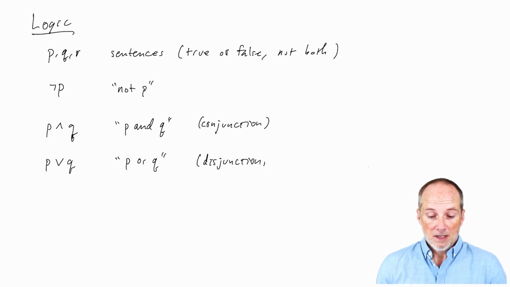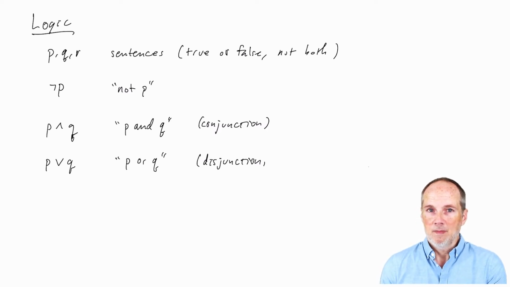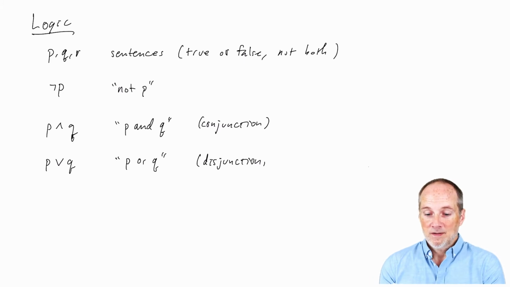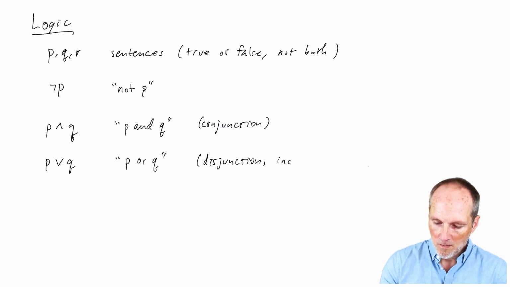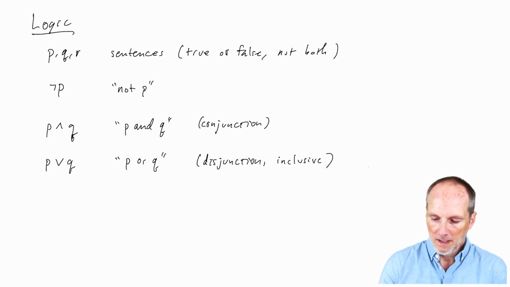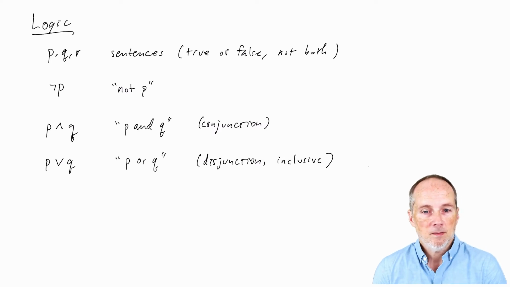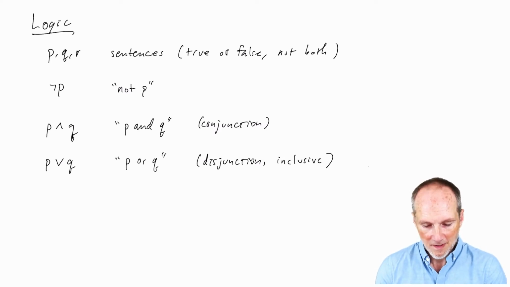This way is the inclusive way because we are allowing for the possibility that both sentences are true. So there's also an exclusive use of or. So if you tell your kids you can have cookies or ice cream, you're giving them a choice of one, but not both. That's an exclusive use. In logic, though, we use it inclusively. So enough said on that.